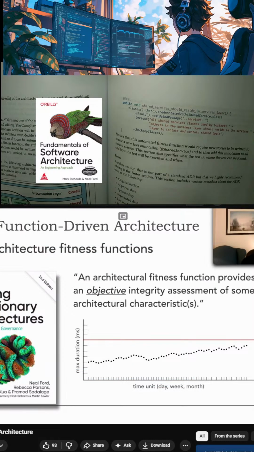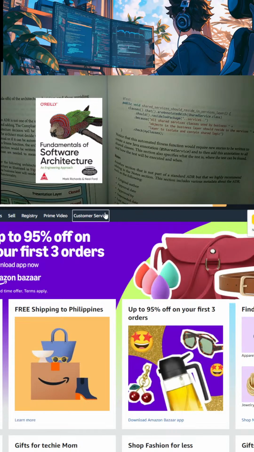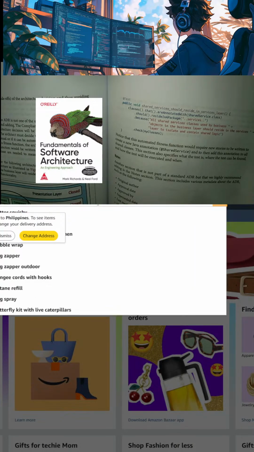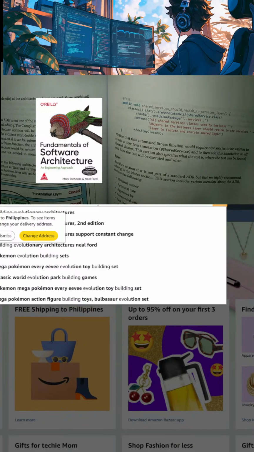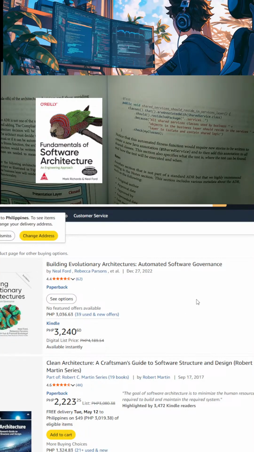Just to review, an architectural fitness function, which by the way was first defined in Neal Ford's book Building Evolutionary Architecture. Building Evolutionary Architecture, Amazon. Nangongolekta ng libro. Oh my God, 3K.